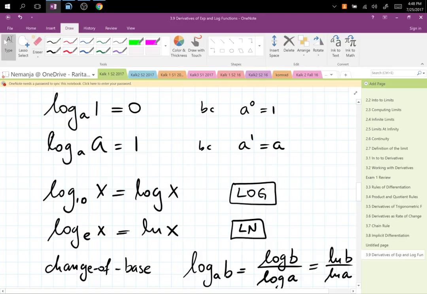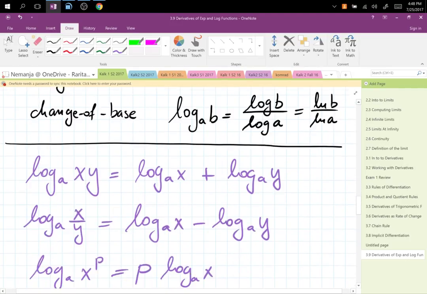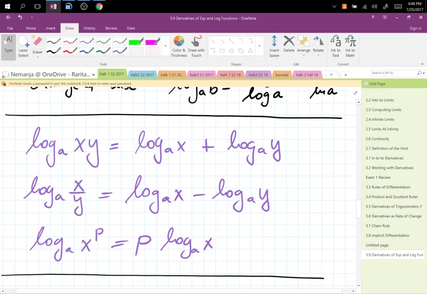Since your calculator only has log base e and log base 10, we learned the change of base formula to transform any log base into either log base 10 or log base e, and you can use the calculator to compute the values. I asked you yesterday to learn these formulas because we are going to need them today, and you can utilize them to learn the most impressive derivative-taking technique, which is really powerful, called logarithmic differentiation.